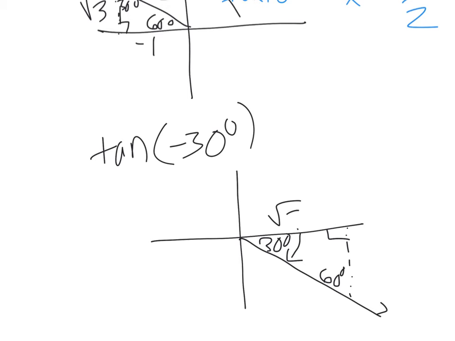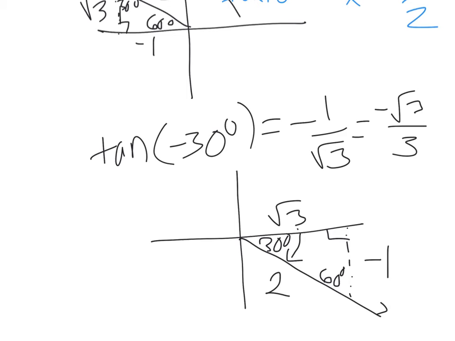Opposite 60 is √3. Opposite 30 is 1, but because we're in quadrant 4, it'll be -1, and then opposite the 90 will be 2. So tangent of -30. Tangent is y over x, so it'll be -1 over √3 or -√3 over 3.